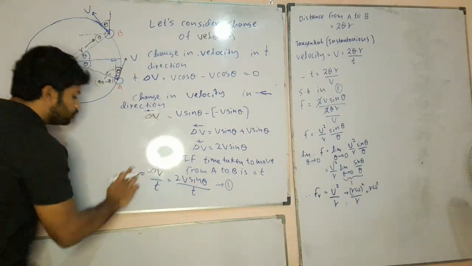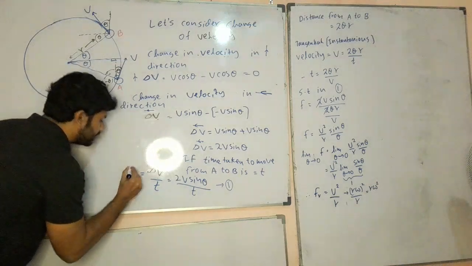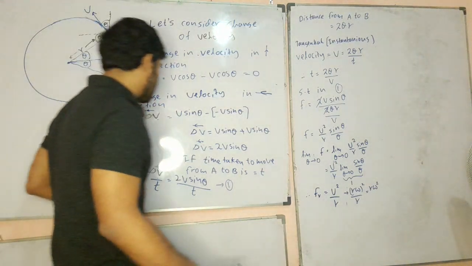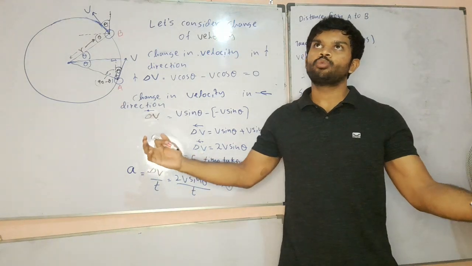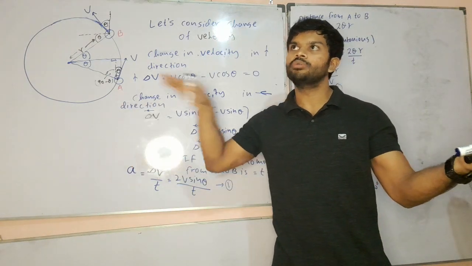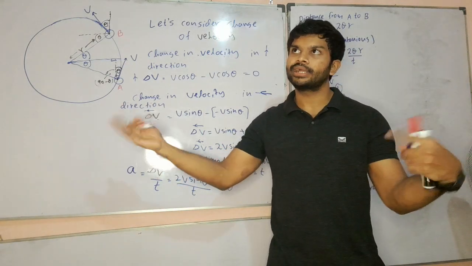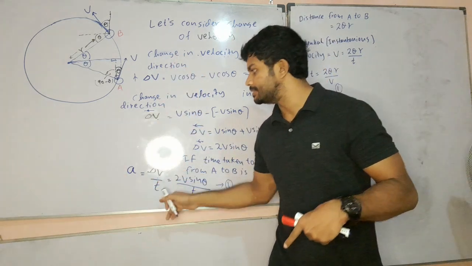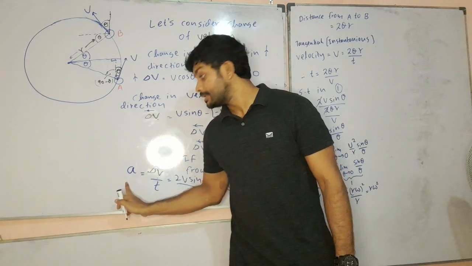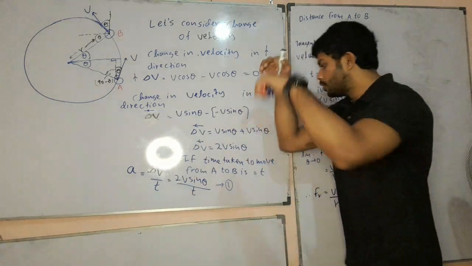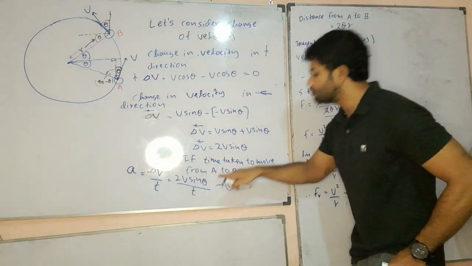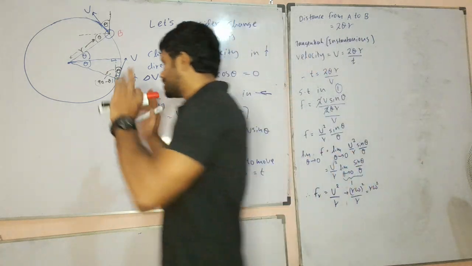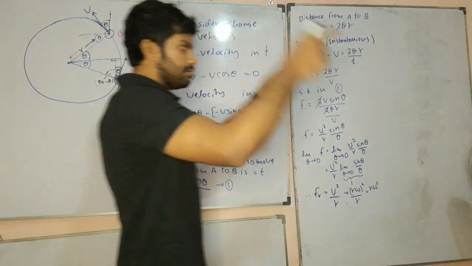Then you will be able to explain not the force here, but the acceleration, right? How? Delta V over t. What is it? Change in velocity over time. The rate of change of velocity is simply what? Acceleration, right? Now here it is 2V sine theta over t. I'm going to take this equation as 1. Let's keep it as it is. Move on to the next case.